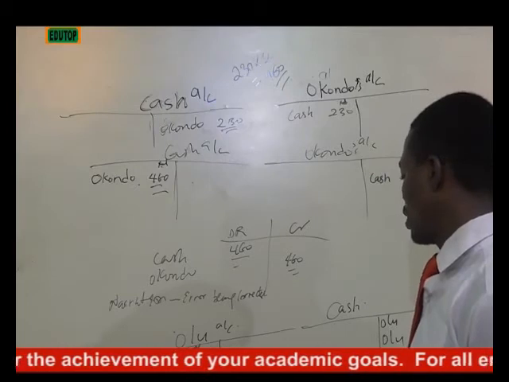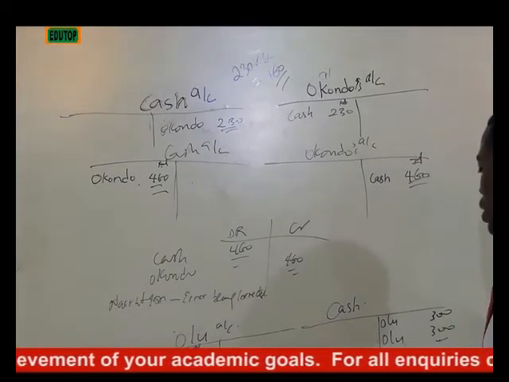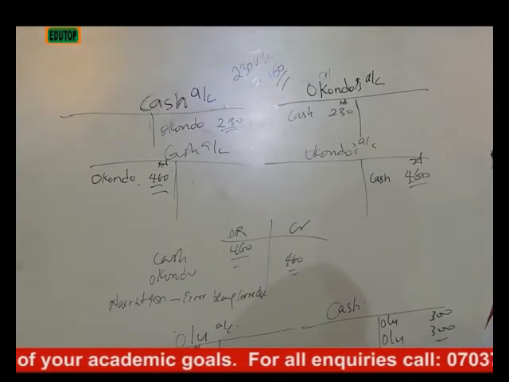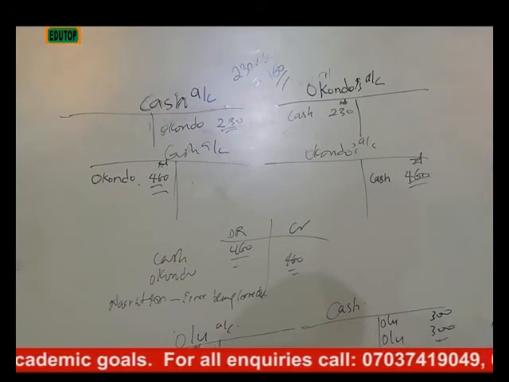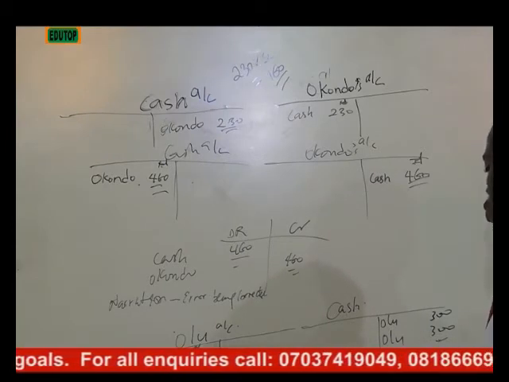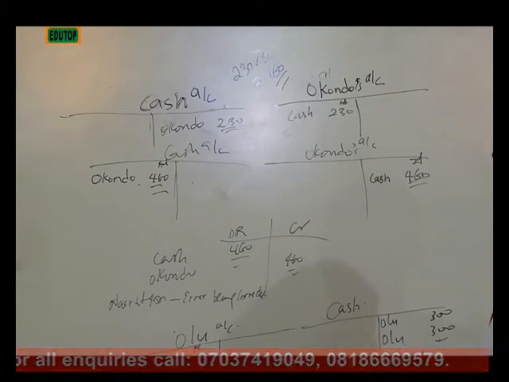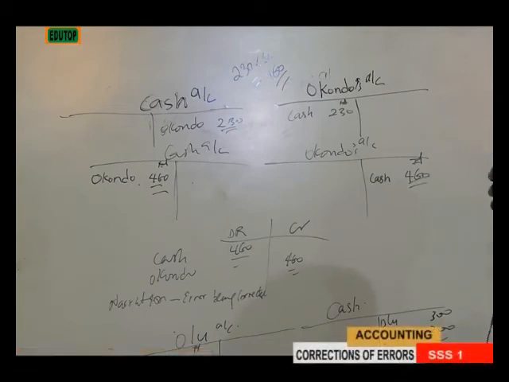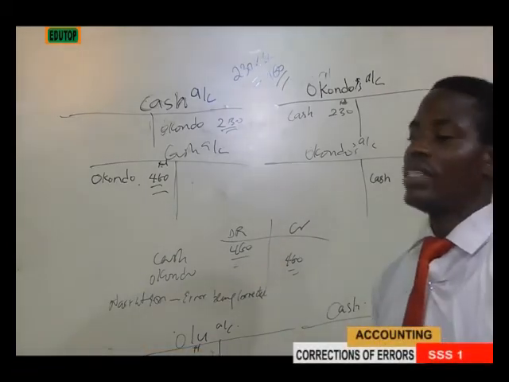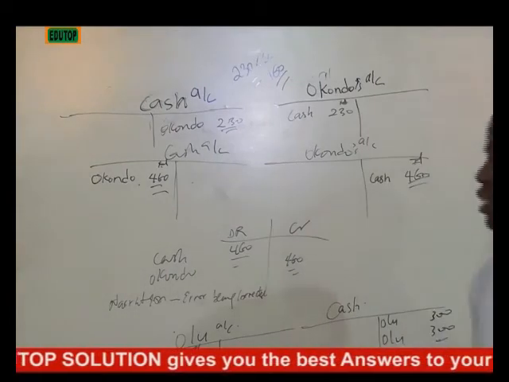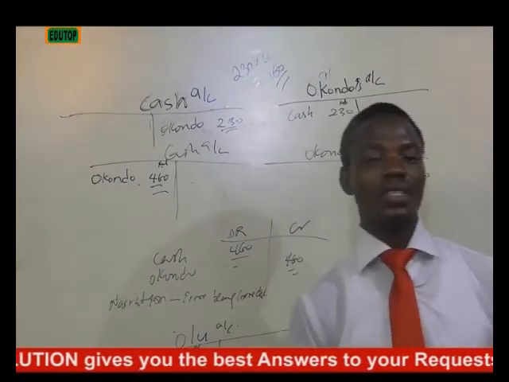Return cash of 300, and that of cash account, Olu. That is 300. That is how you correct the error if such a thing happens at the end of the day.